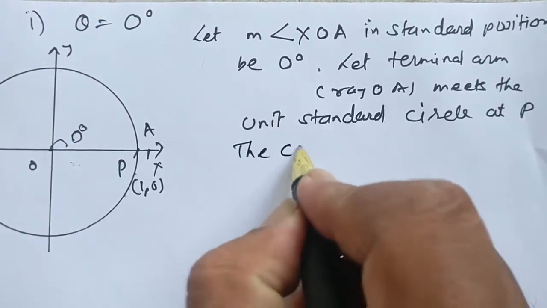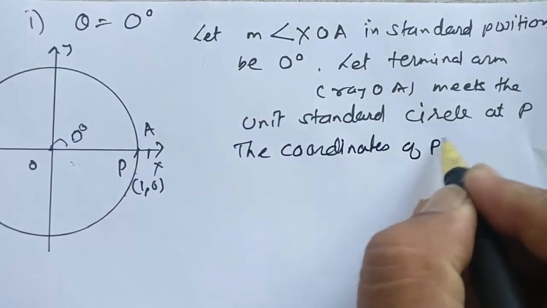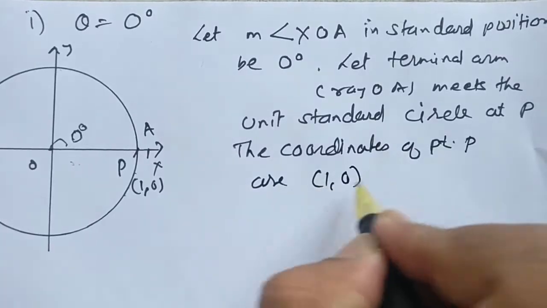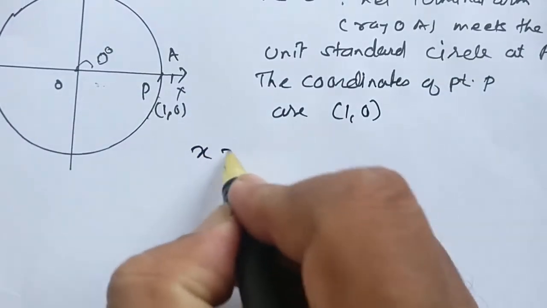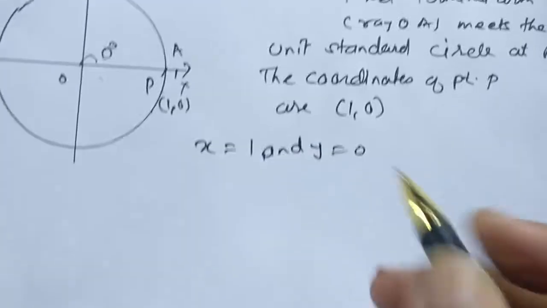Therefore, the coordinates of point P are 1, 0. Therefore, x is equal to 1 and y is equal to 0.